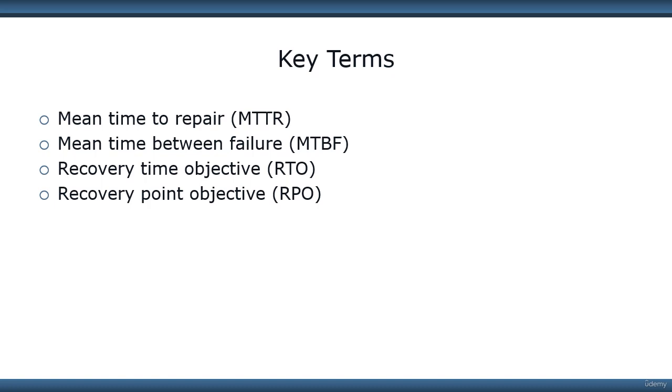So recovery time is how long it's going to take to get it back up and running. Recovery point is how much data we can expect to lose, and you have to design your high availability with these in mind. You have to design your disaster recovery, your backup policies and procedures with those things in mind.